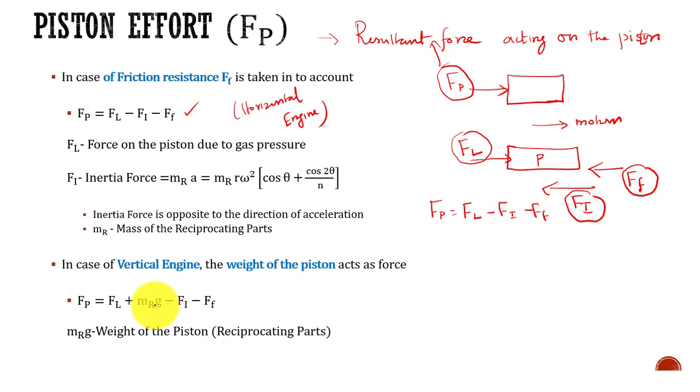These terms are added to the previous equation because it is a vertical engine. As it is a vertical engine, the mass of the reciprocating parts plays a vital role during the motion, so it is considered here. So the weight of the piston is m_r g. Okay, fine.